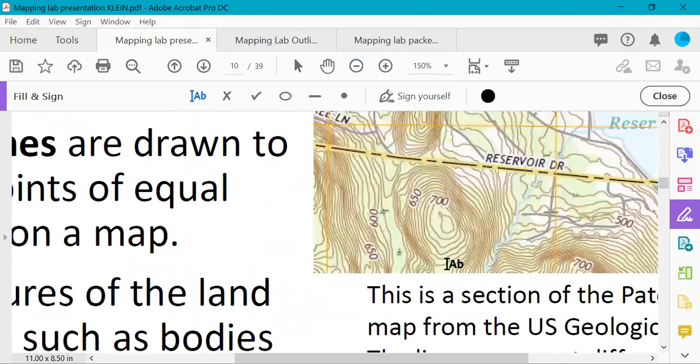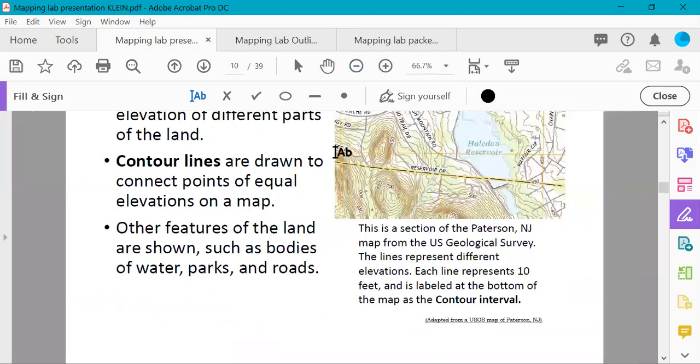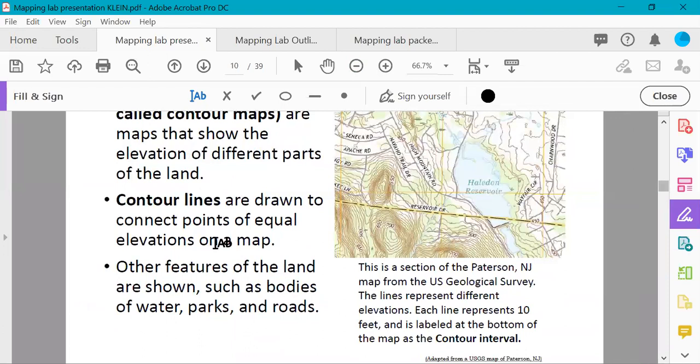Anywhere on that 700 line is at an elevation of 700 feet. That's why it's on the line. So it connects all the points of the same elevation. And then other features of land are shown on a topographic map, like bodies of water, parks, and roads.